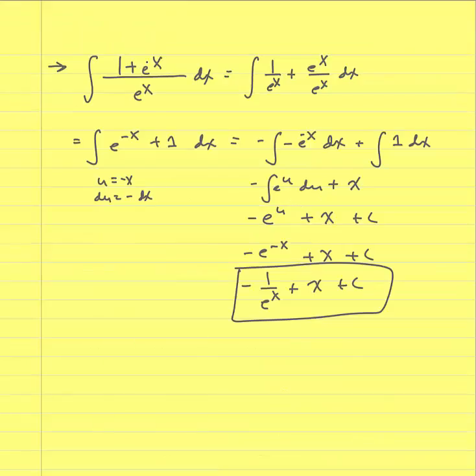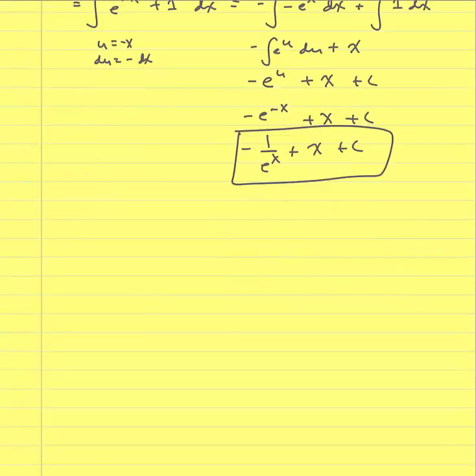Now if this 1 plus e to the x was in the denominator, this would end up being a nice little interesting natural log. So let's look at something similar to that, but not quite as exact. I want to put some different numbers in here. Let's look at the integral of, and we have to be really careful on this one, we have to keep track of my negative exponents and my negative coefficients.